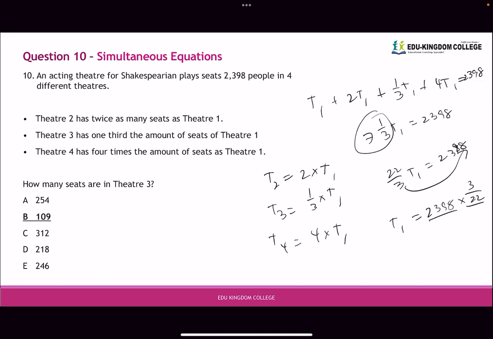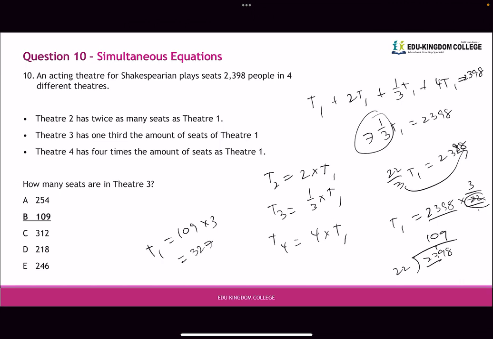So let's divide by 22 first. 22 goes into 23 1 time, carries 1 over, goes into 19 0 times, so 198, 22 goes into 198 9 times. Okay, so 109, so T1 equals 109 times 3, because we've only divided by the 22 so far.